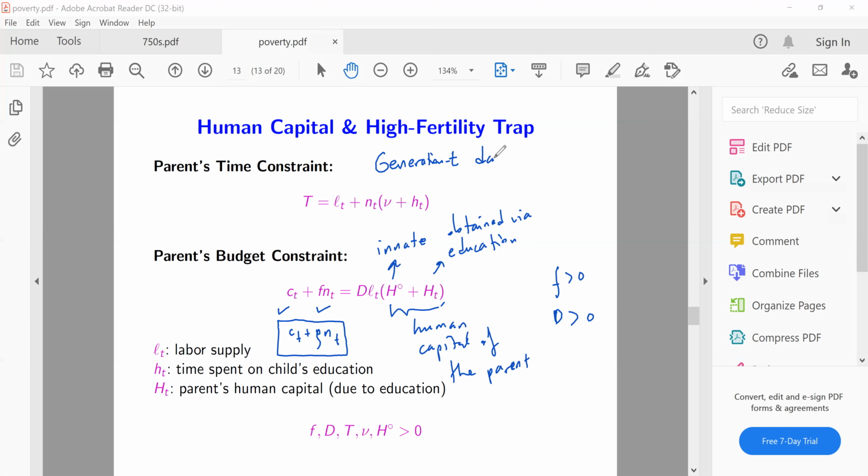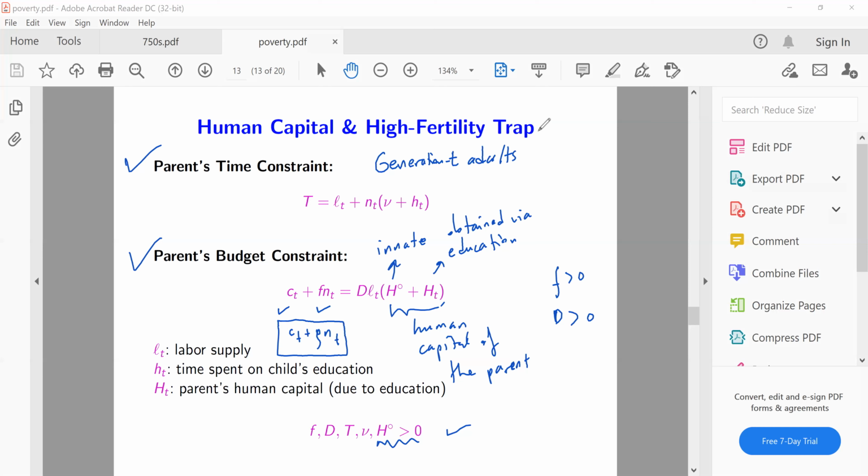They face that time constraint and that budget constraint. And these are all parameters, and we assume that H0 is also given and constant. This is what we typically assume.